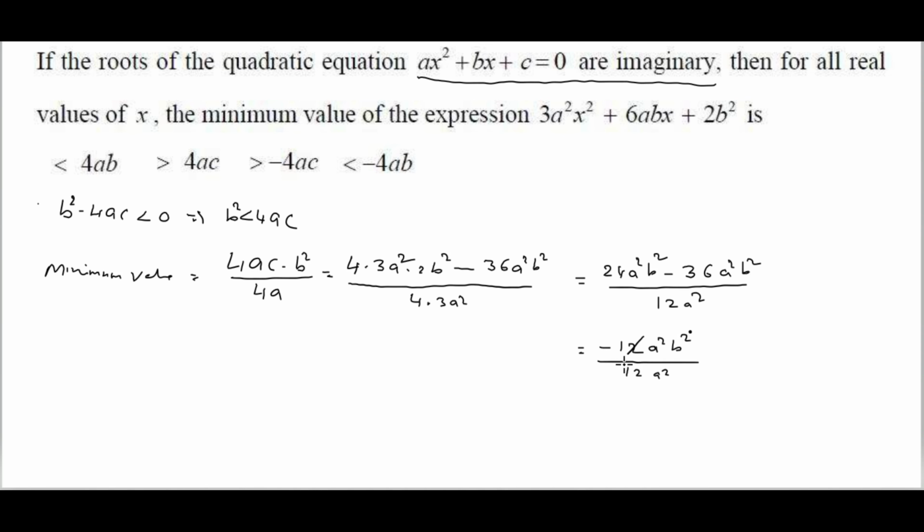Here 12 is cancelled, a square cancelled, that is equal to minus b square. But here it is given b square is less than 4ac. So minus b square is greater than minus 4ac. That is, the third option is the correct answer.